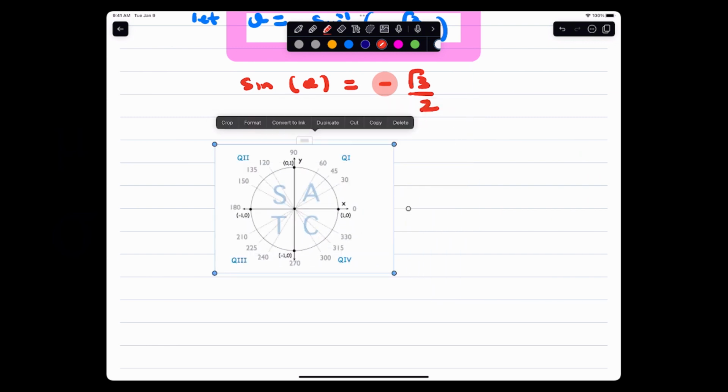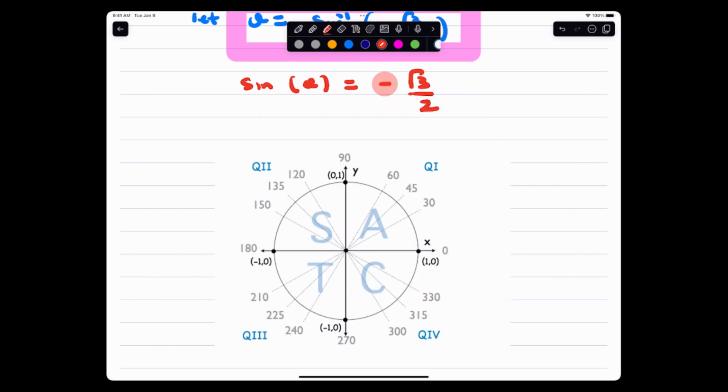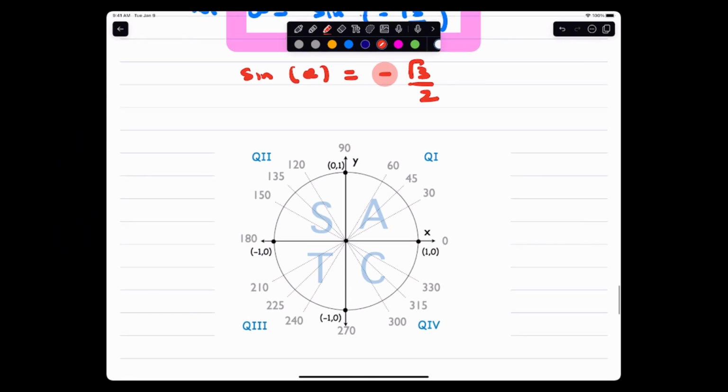Anybody remember this? What's this? All students take calculus. Where is sine negative? I think it's quadrant, let me highlight it, quadrant 3 and quadrant what? 4. Is that true? You guys with me on that? So there's 2 locations.